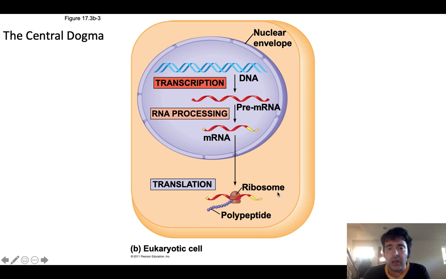So when you're thinking about transcription and translation, transcription is the process in which we use DNA to make RNA. What you're looking at here, this double-stranded molecule, is DNA, and remember a functional segment of DNA is called a gene. So you have these genes in your DNA, these functional segments that code for proteins, and through the process of transcription, DNA is used to make what's called RNA.